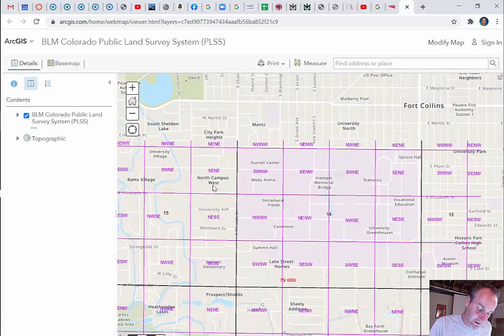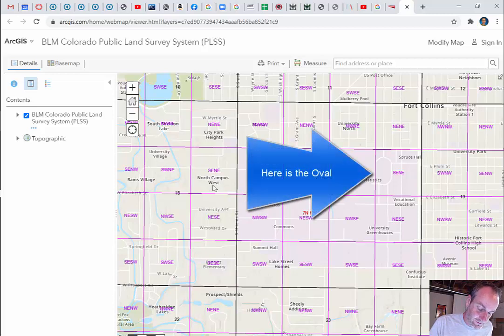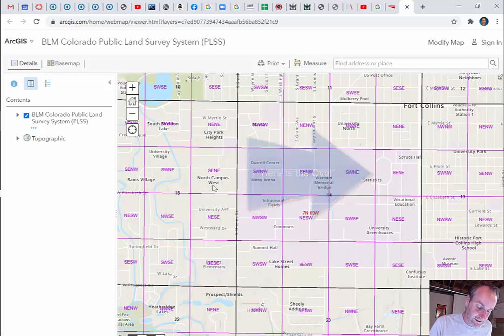There we go, and there's the oval over here. So you can see that's in the southeast, northeast quarter, and you can still make out these darker lines over here. So we can see that is the quarter of that section.